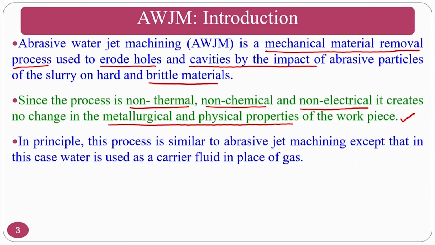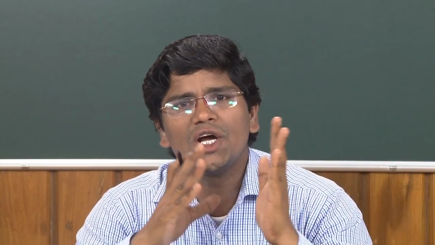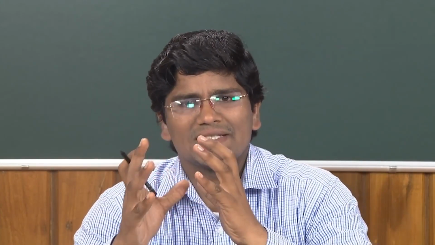You will have a heat affected zone, recast layer, conversion layer and so on, where the microstructure is different and the metallurgical aspect is different. In abrasive water jet machining, these thermal effects are not there, because of which there are no metallurgical changes compared to laser beam machining or electric discharge machining. Okay, that is how one can understand if I compare the two processes.